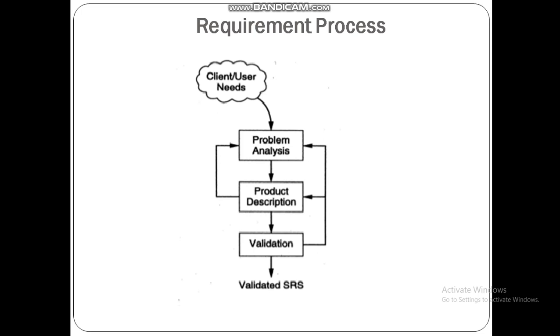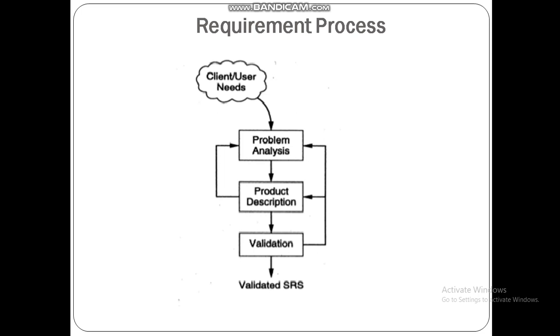In these meetings, clients and users explain to the analyst their work, environment and their needs. All these are analyzed by the analyst. Based on the analysis, he gathers the requirements and they are specified in the requirement specification document.